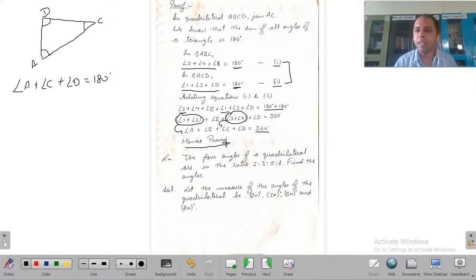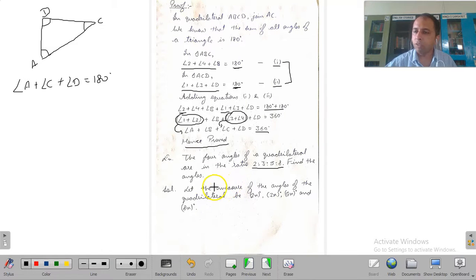Okay, now let's discuss some of the examples based on the discussion till now. Example: the four angles of a quadrilateral are in the ratio 2:3:5:8. Find the angles. In such type of questions, what you need to do?